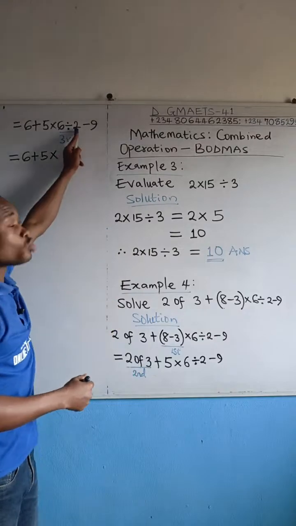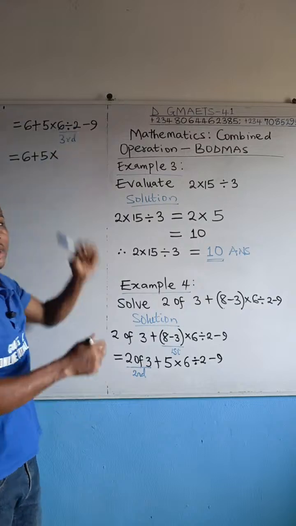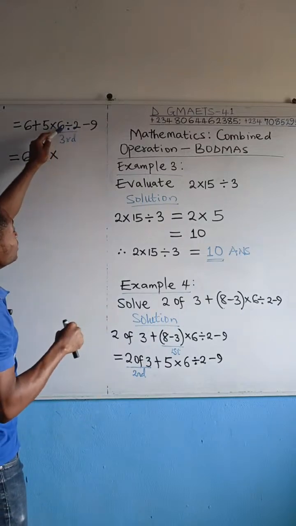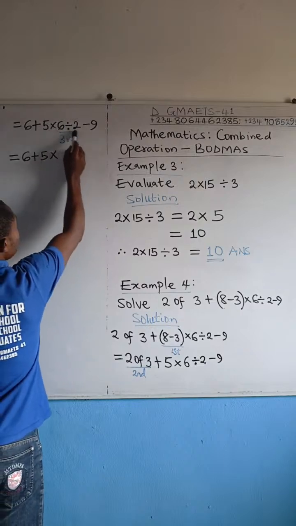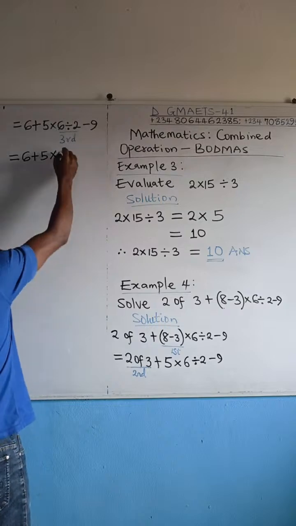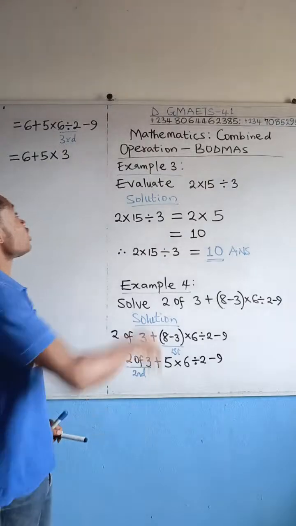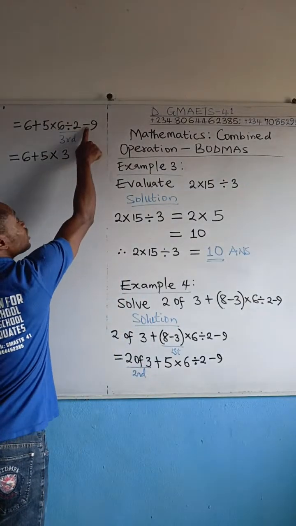You have to operate with the 2 times table: 2 times 3 will give you 6. So 6 divided by 2 will give you 3. So in place of this 6 divided by 2, you bring down 3. You write 3 to replace both of them.